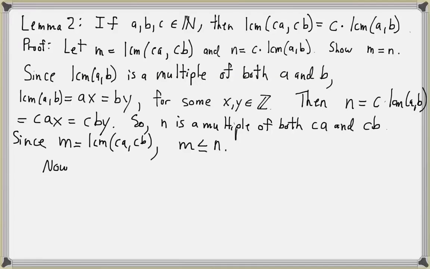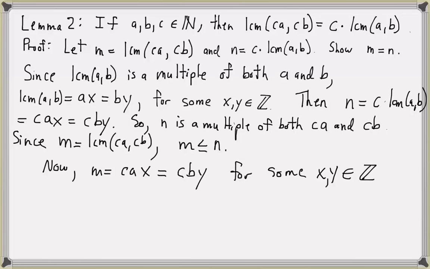Now, the M, which is the least common multiple of CA and CB, I can write M as CA times some integer x and CB times some integer y, some integers x and y. Again, this is because M is a multiple of both CA and CB.